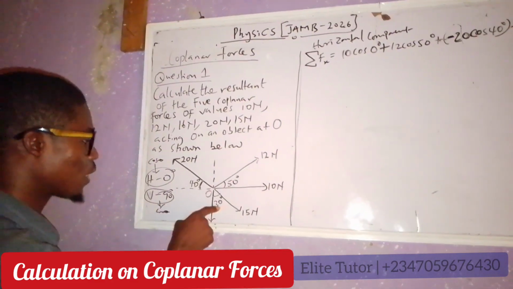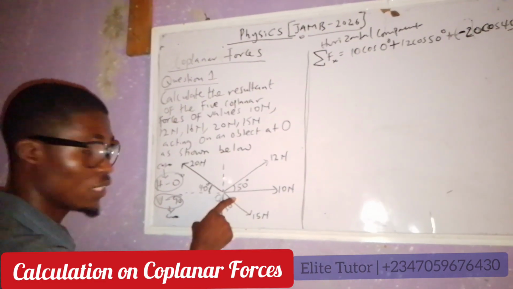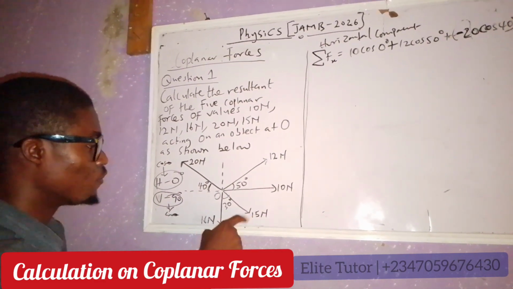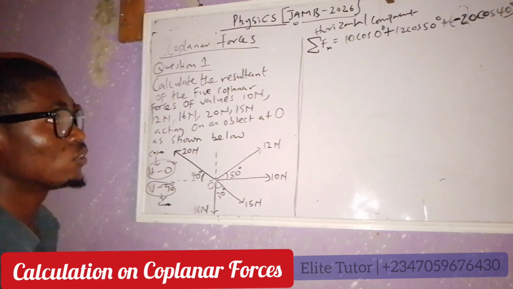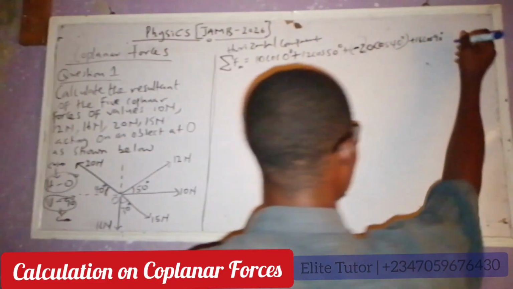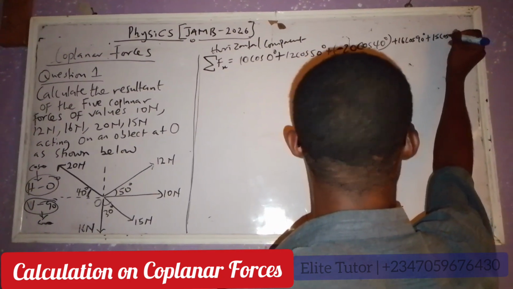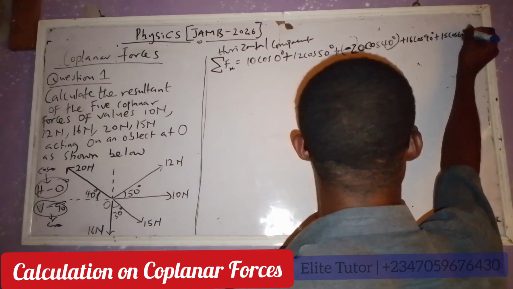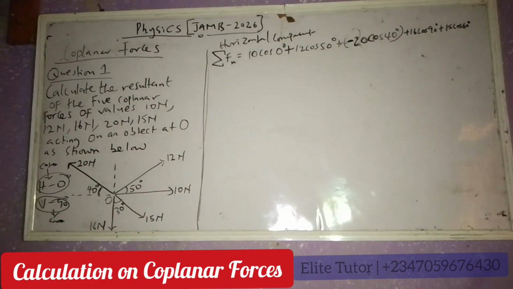So we have to subtract this from 90 to have 60 here. So we are going to use 15 cos 60 because the horizontal here is positive, plus 15 cos 60 degrees.